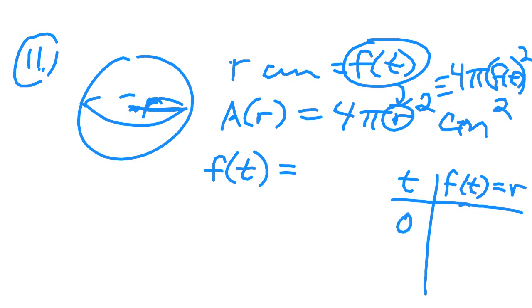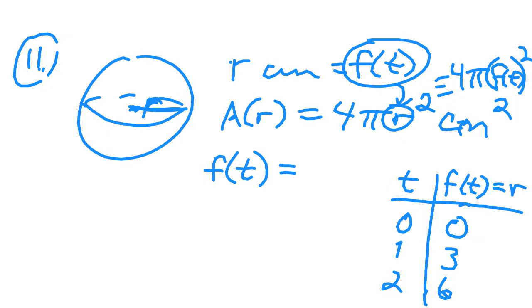At time 0, we're assuming there is no sphere. After 1 second, it's going to be 3 centimeters. After 2 seconds, it's going to be 6 centimeters, and so on. It continues to increase at 3 centimeters per second, so each second we have three more.